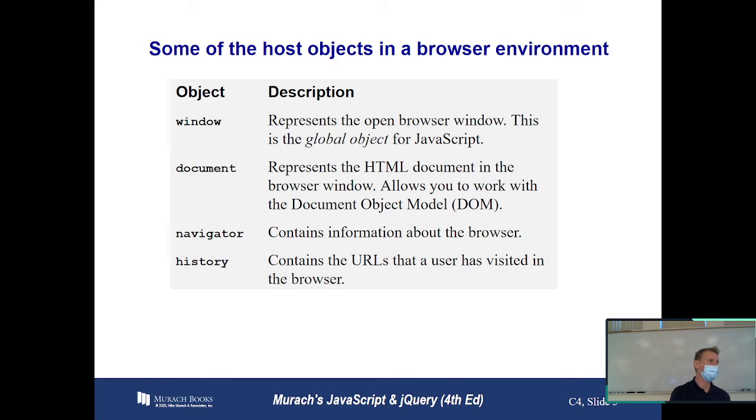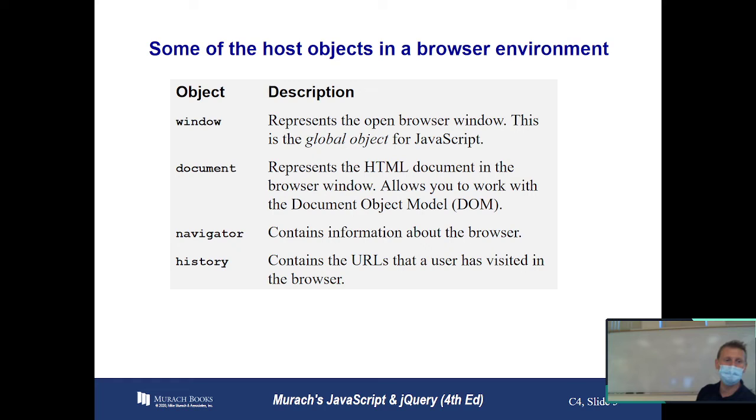One example is alert and prompt. Alert and prompt belong to the window object, but you don't need to prefix window dot alert. It's just assumed. Methods are always associated with objects, object dot method. So if you've got a method that's just called without the object, it can be safely assumed that it belongs to the window object. That's what it means, the global object.